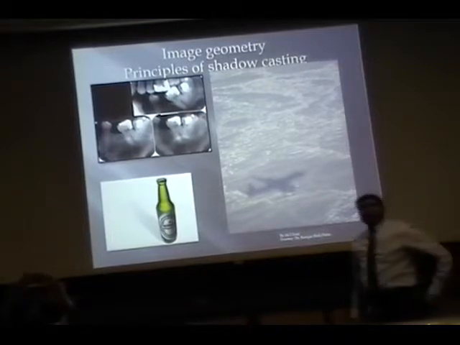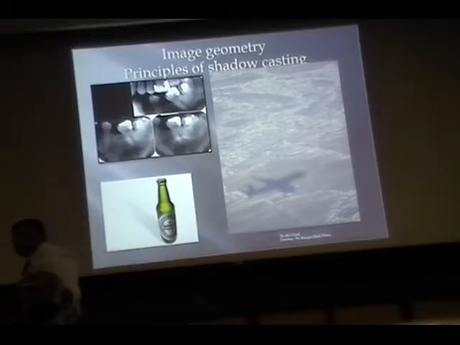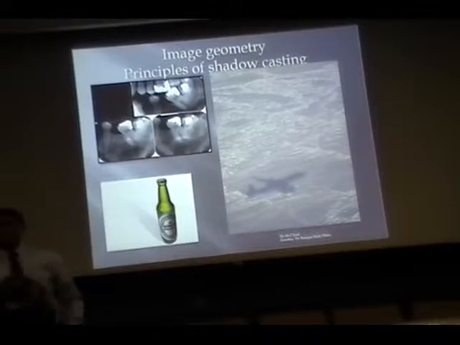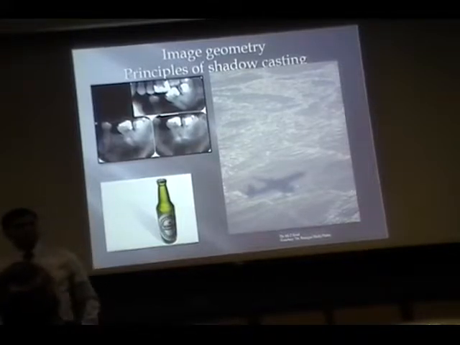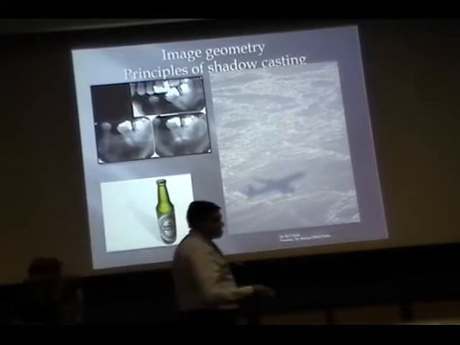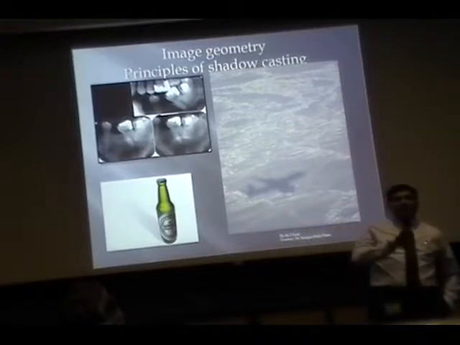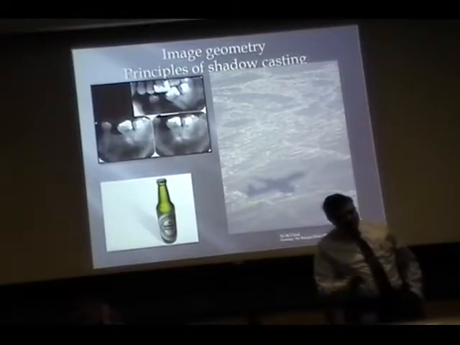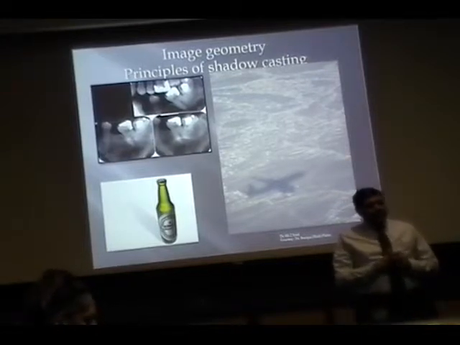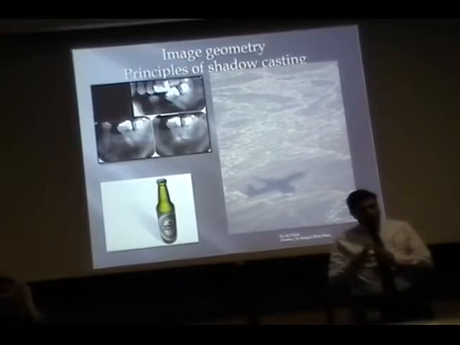Now, how do you differentiate the soft tissue window versus bone window? In CT scan, we don't have T1, T2 language, only in MRI. So the language that we use is soft tissue window and bone window.